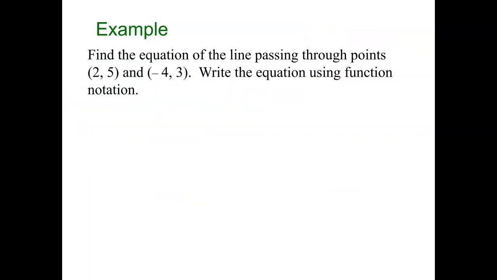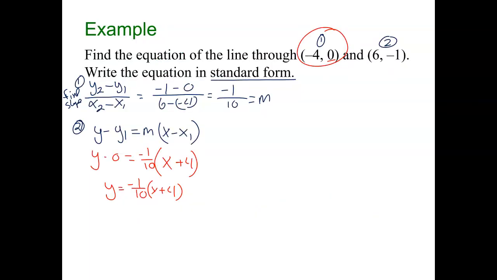So we're going to take this equation, and we want to get x and y together, constant on the other side. So we'll do the distributive property. Y equals -1/10 x minus 4/10. I want x and y to be together, and then I want my constant by itself.